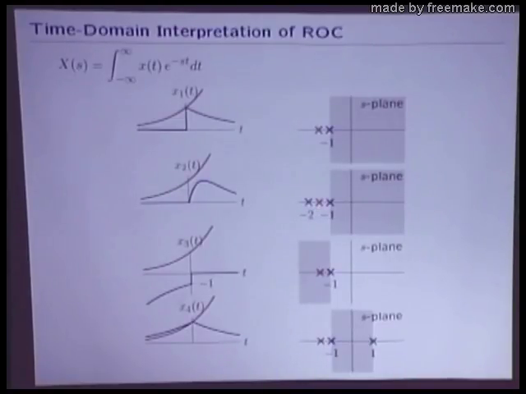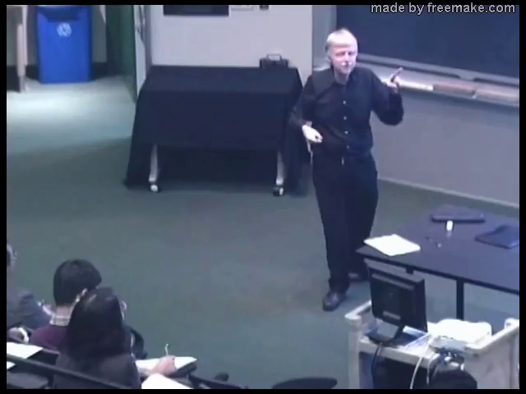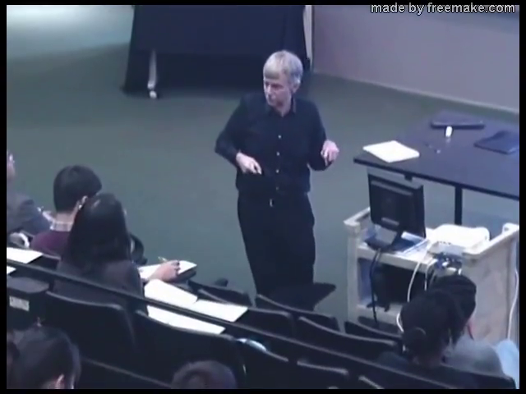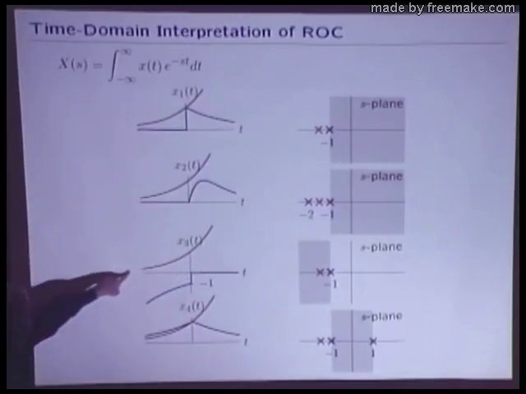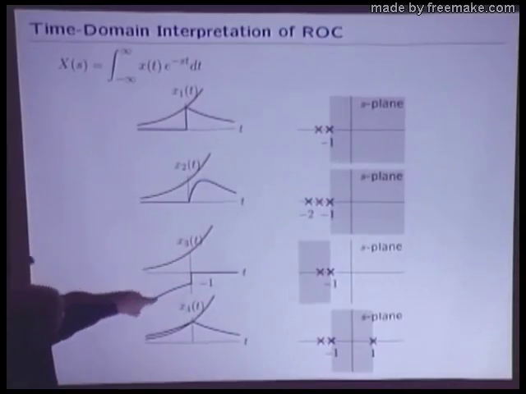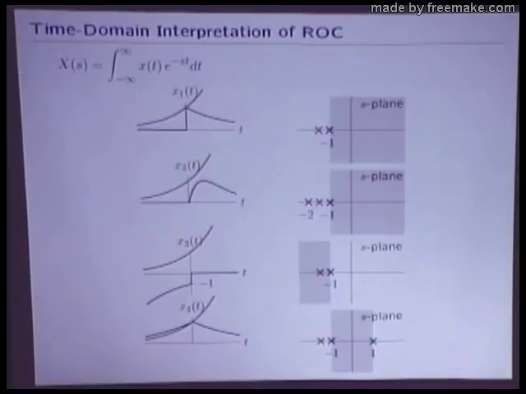Similarly here, I'm not in the region because I've made it fast enough that one of the parts diverges. One of the parts converges, but they have to both converge in order for the integral to converge. Here, I have finally made the left-hand side convergent enough to make the product converge. So that's fine.